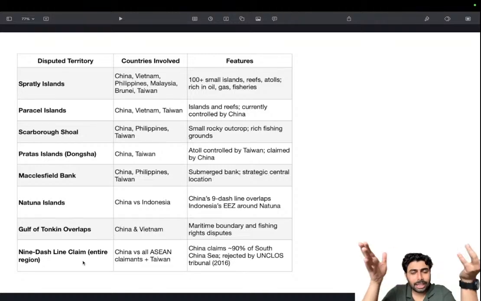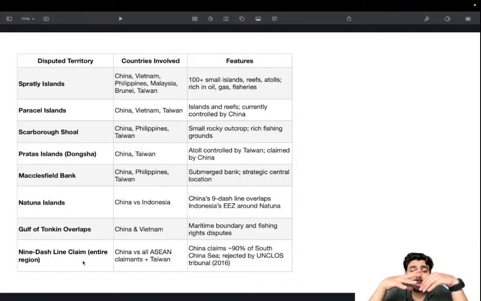That is rejected by the UN tribunal itself. But of course, they have their own tactics, and they exercise their power. They push militarily, and they keep the other nations at bay, flexing their muscles. That's what countries with too much power do. Too much power and too little morality.